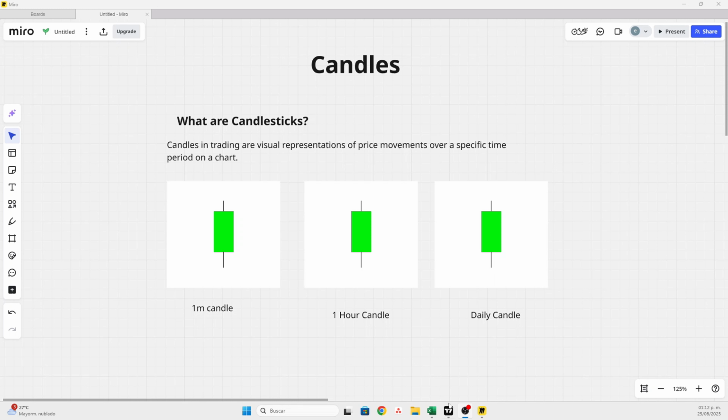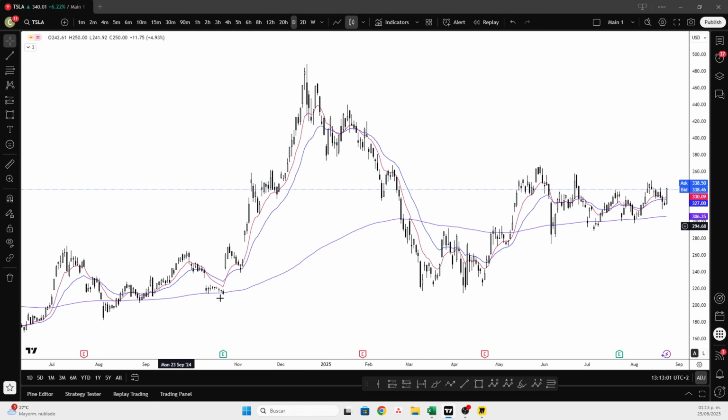Let me explain. Imagine we're here on the charts and I blur the top here where you can see the time frames and I ask you, which time frame is this candle? Right now, we're on the daily time frame and it's pretty obvious that of course we're on the daily. But if I blur this, you wouldn't know which time frame this candle is on just by the way it looks.